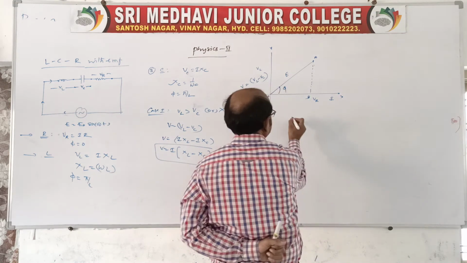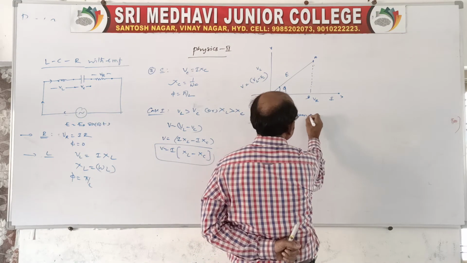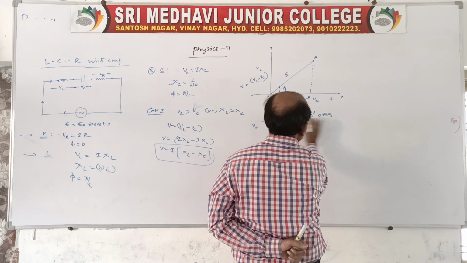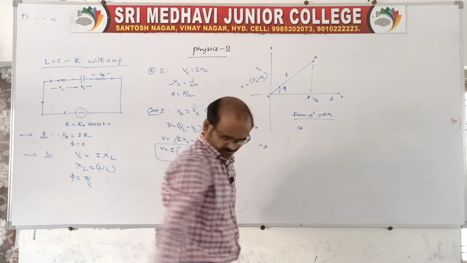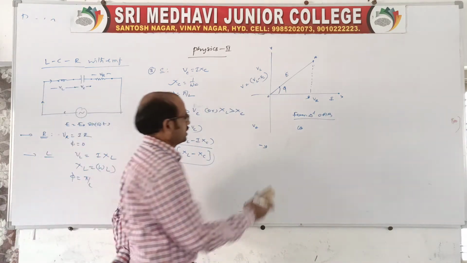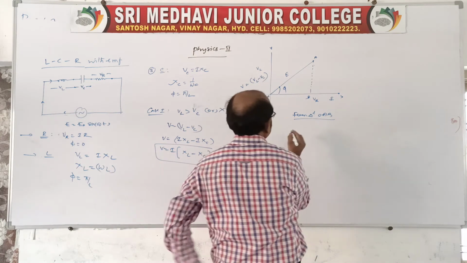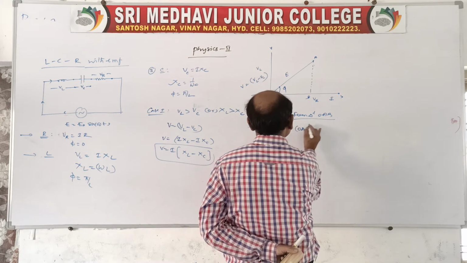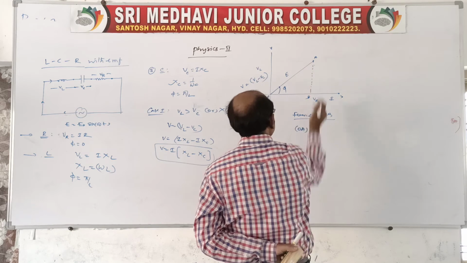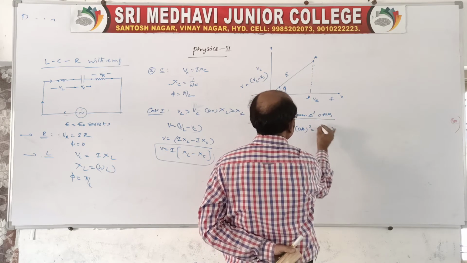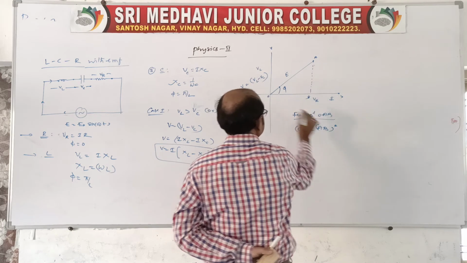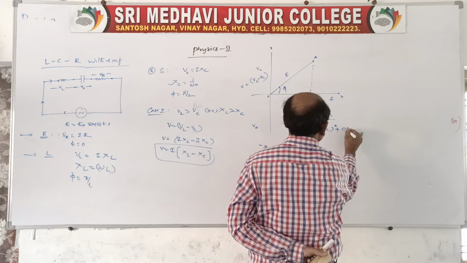Now get the current first. For that, take the triangle OAB and apply Pythagoras: OA square is equal to AB square plus OB square.